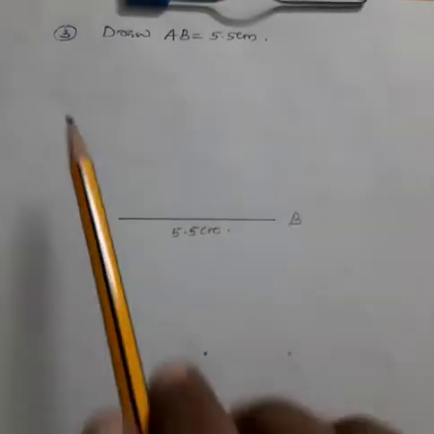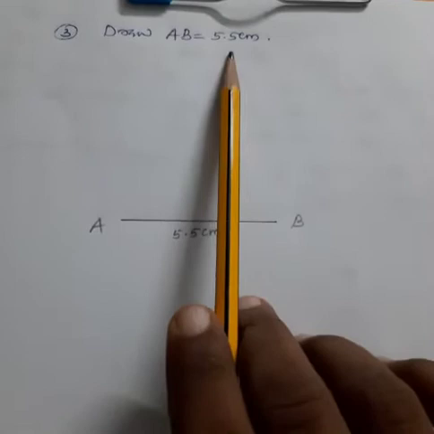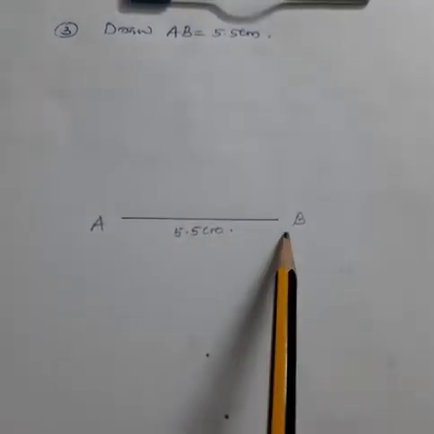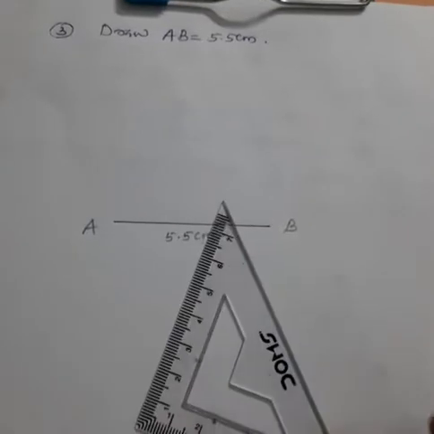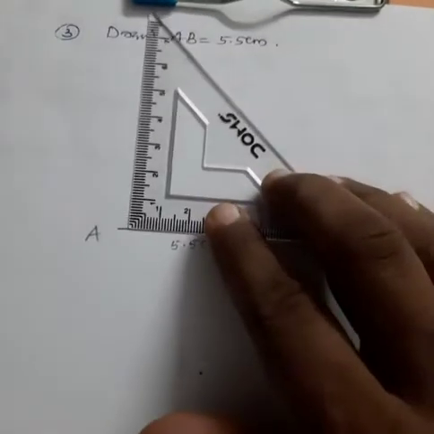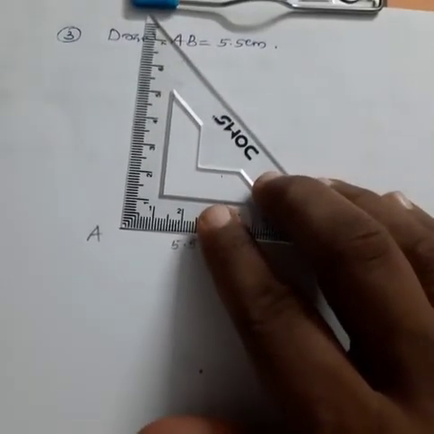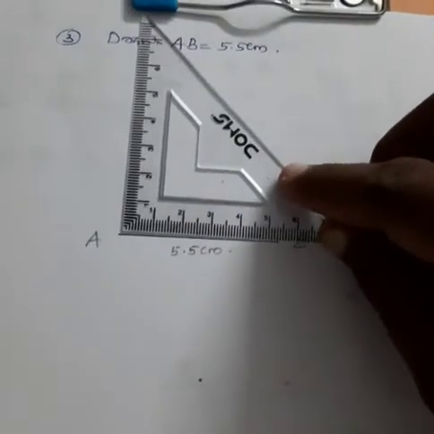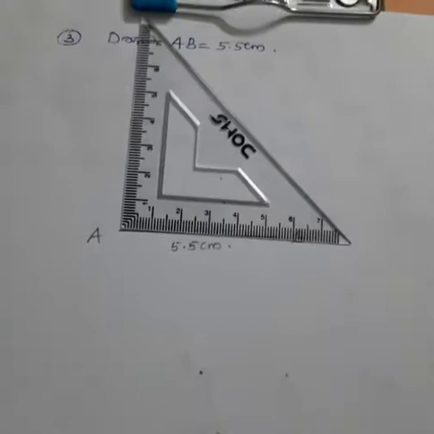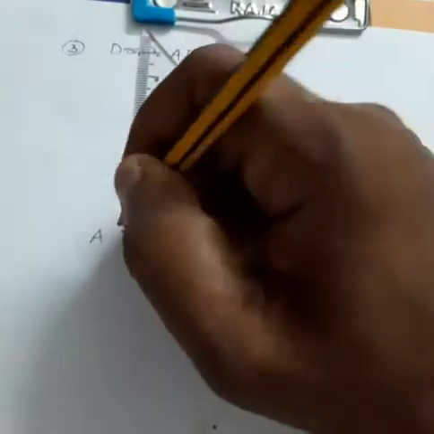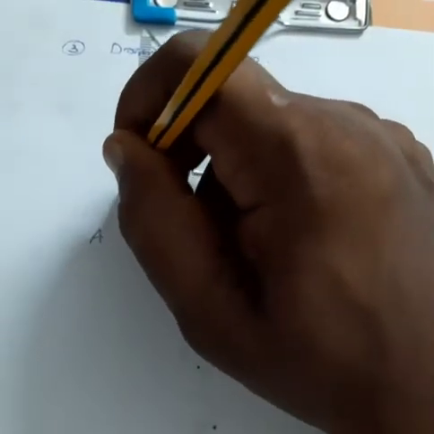So for drawing, first you have to draw AB as 5.5 centimeter. Then using any one set square, keep it on one side, keep it at A, and draw a line on the side of A.